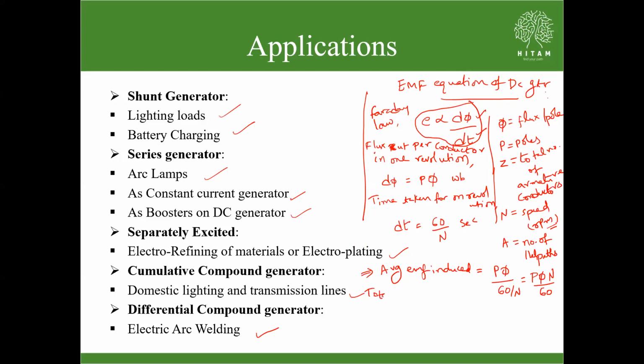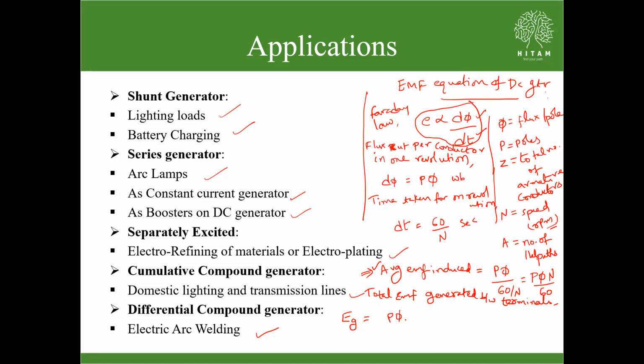The total EMF generated between terminals, that is EG, the generated EMF, is equal to the average EMF generated per conductor multiplied by the number of conductors in each parallel path.